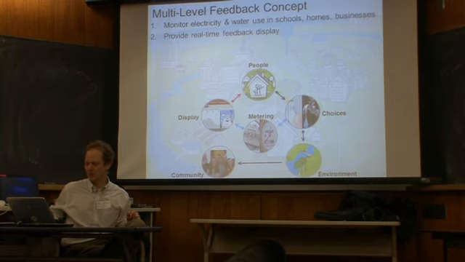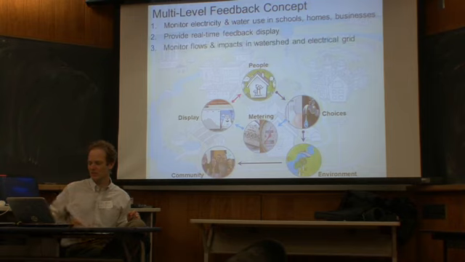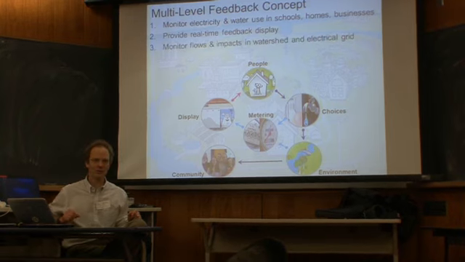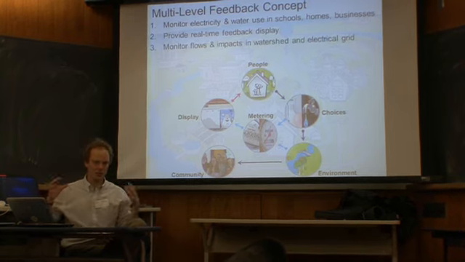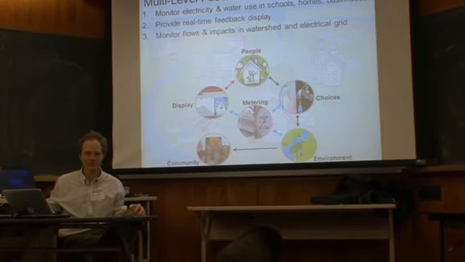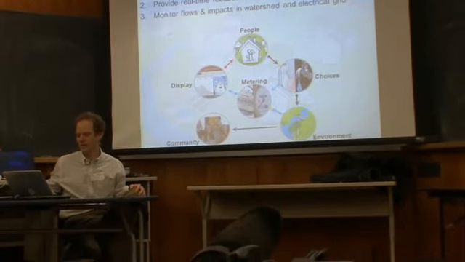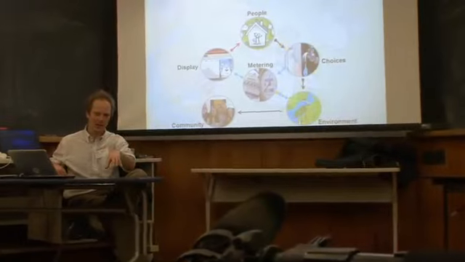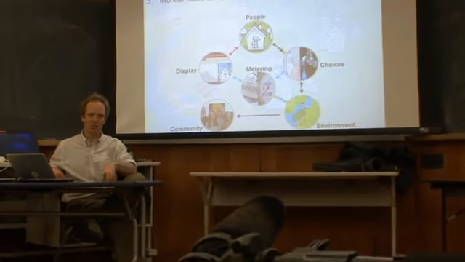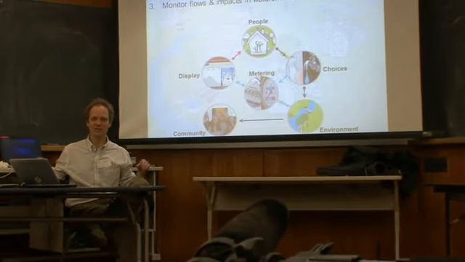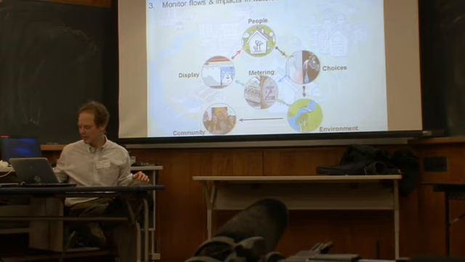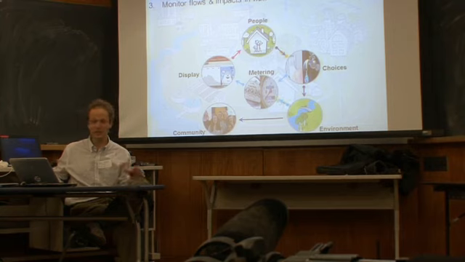The second part, which we just started working on more recently within the last 5 or 6 years, is beginning to monitor resource flows at a larger scale, at whole organizations or whole community scale, and introducing that as feedback too, so you can situate what the consumption in your building means in terms of its implications for the larger community.